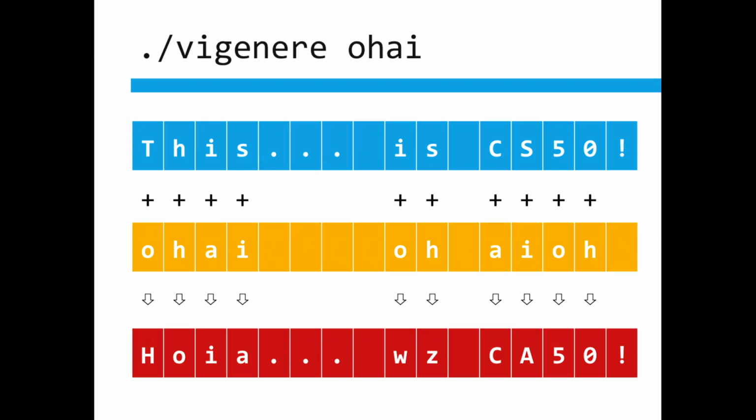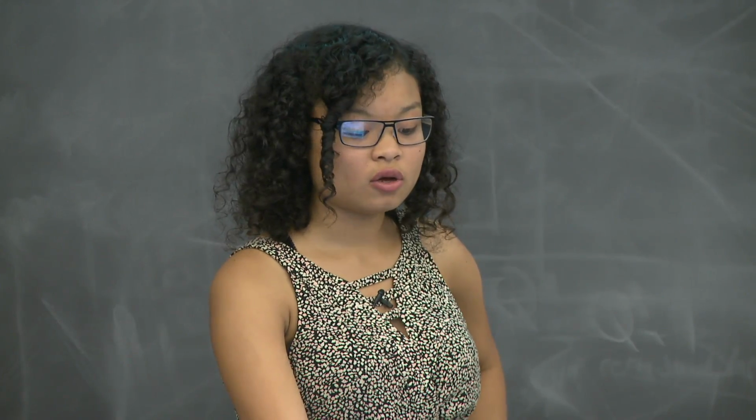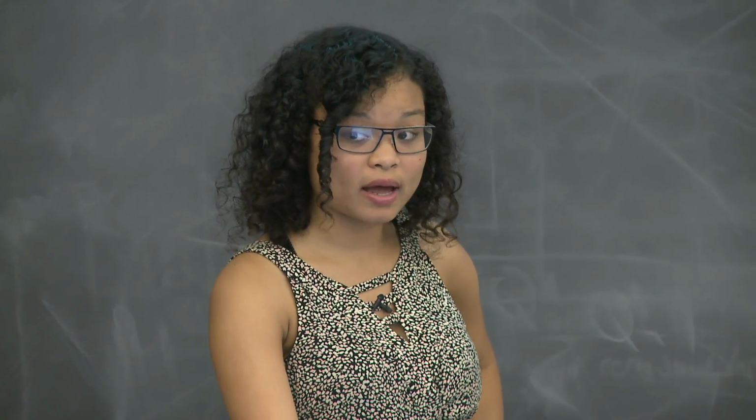We know that T is going to be shifted by O, then H is going to be shifted by H, I is going to be shifted by A. Here you see that A represents 0, so the end value is actually just the same letter as before. Then S is shifted by I. Okay, but then you have this period here. We don't want to encipher that, so we don't change it by anything and just print out the period unchanged.